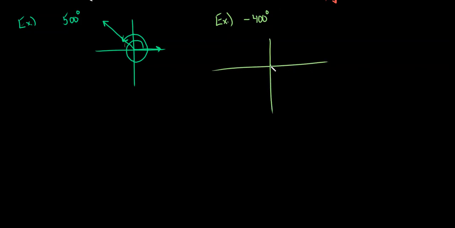Once again, the positive side of the x-axis is my initial side, and since this is a negative angle, I am rotating clockwise, so negative 90, negative 180, negative 270, negative 360, and now I have to go another 40 degrees, so I'd end up right around here. So I've got that negative rotation, and I can see that we ended up in quadrant 4. And that's drawing angles of rotation.